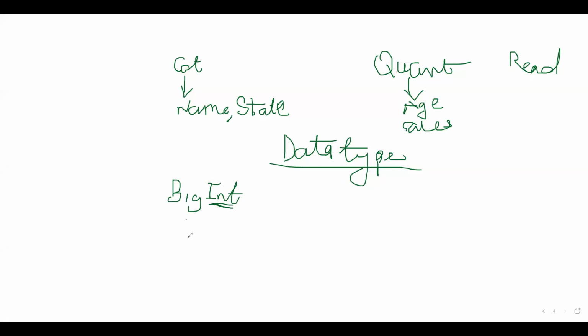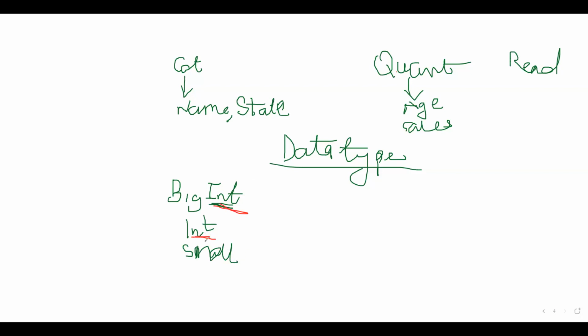We also have the normal int itself, which does not take as much as big int. And int means integer, the normal number you talk about. Small int takes fewer numbers. But at this level where you are, you should concentrate your mind on int.